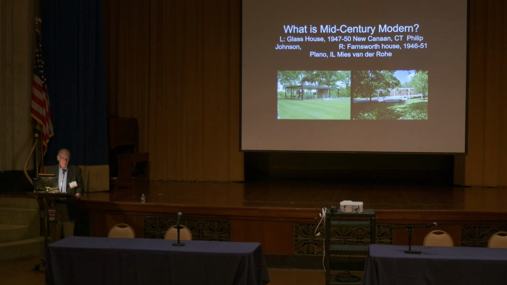But anyway, I would say that the Glass House up in New Canaan by Philip Johnson, who was one of the major figures that strode across the American architectural scene in the mid and later 20th century, and then, of course, Mies van der Rohe, that these two houses, in a certain sense, to many, many people, are what the modern American house of the mid 20th century is. But of course, really, are they?